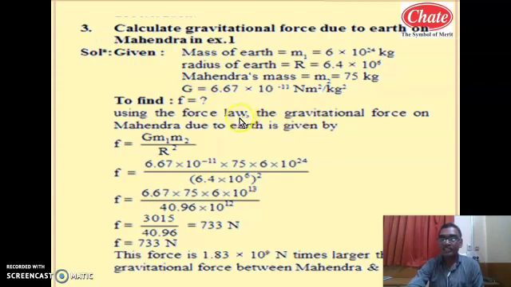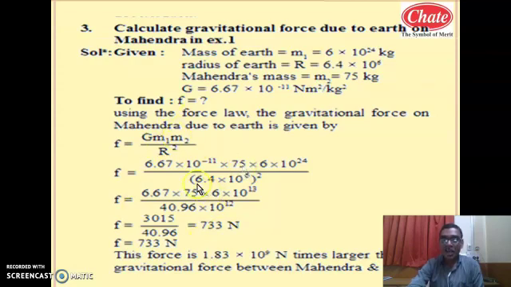Using the gravitational force formula, F equals G m1 m2 by r square, to calculate the force between Mahendra and Earth. Substituting the values, F equals G, 6.67 into 10 raised to minus 11. The first mass is the mass of the Earth, 6 into 10 raised to 24. The other mass is the mass of Mahendra, 75 kg.